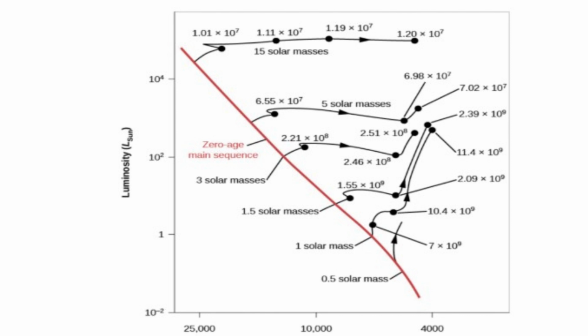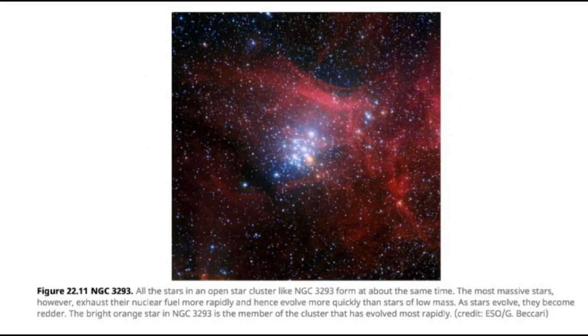So this is the picture here. All the stars in an open star cluster, like NGC 3293, form at about the same time. The most massive stars, however, exhaust their nuclear fuel more rapidly. The more rapidly they do it, the less time of life they have.